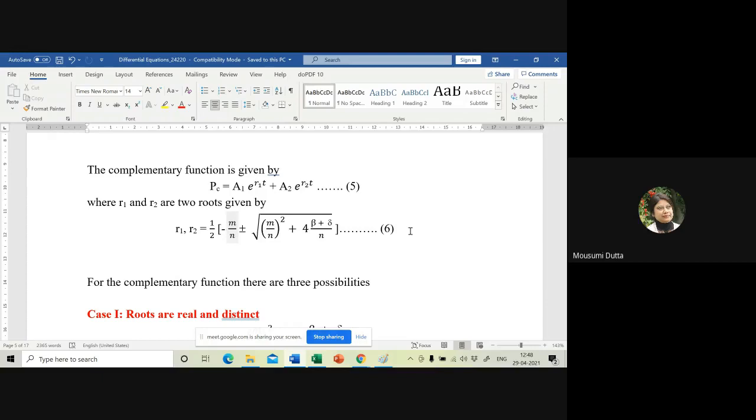Once you get the root values, there are three possibilities. Roots are real and distinct, depending on the discriminant. Roots are real, however repeated. So all these possibilities are coming. Could you complete up to equation number 6, everybody?